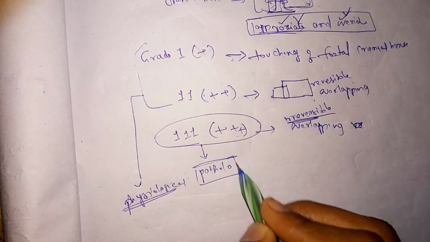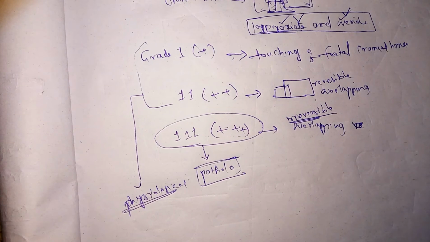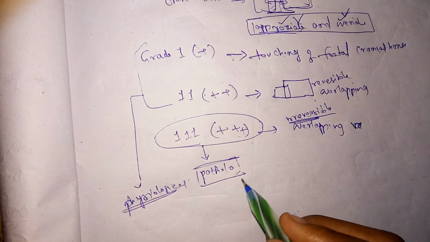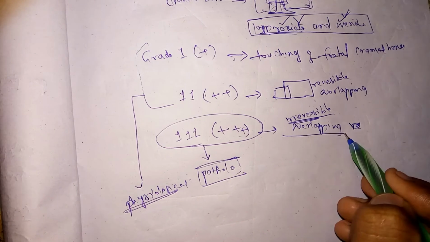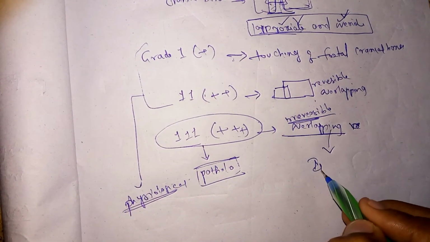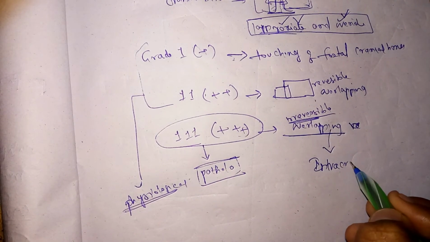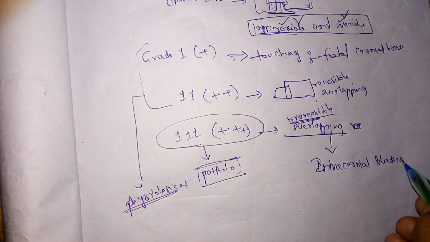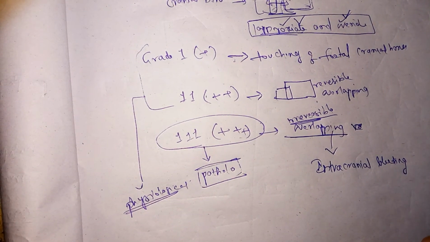But in grade 3, the changes are becoming irreversible and this is pathological, right? So what happens when there is irreversible overlapping? These can lead to intracranial bleeding.